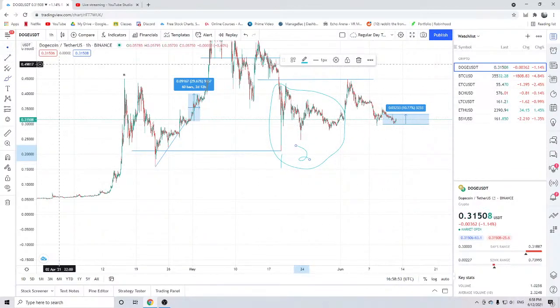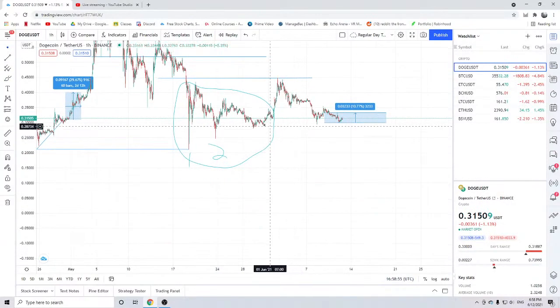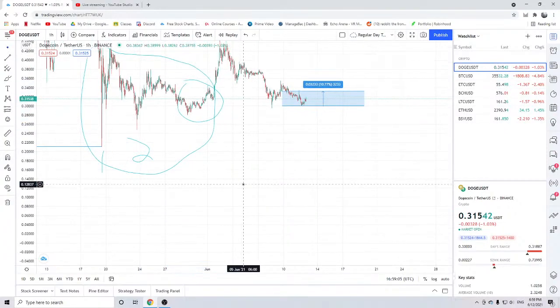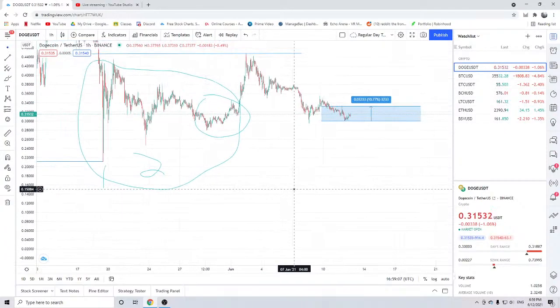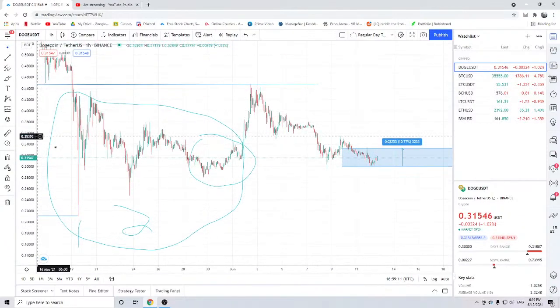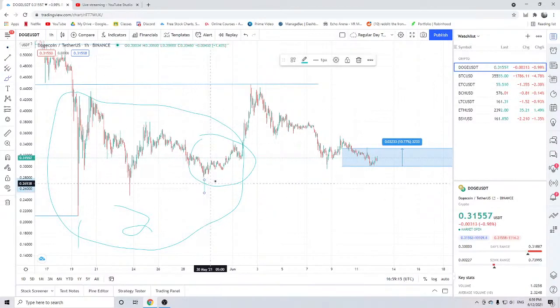But we also see that this right here, let's make a smaller circle, kind of looks like this bigger circle too, except really fast and smaller and less volatility because it's shorter timing. So you can see that this is, I'm just going to write it down, let's just say first drop, second drop, third.